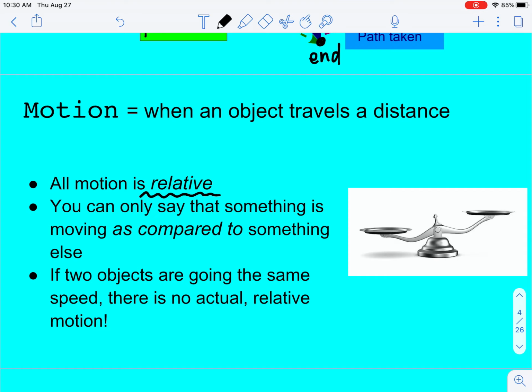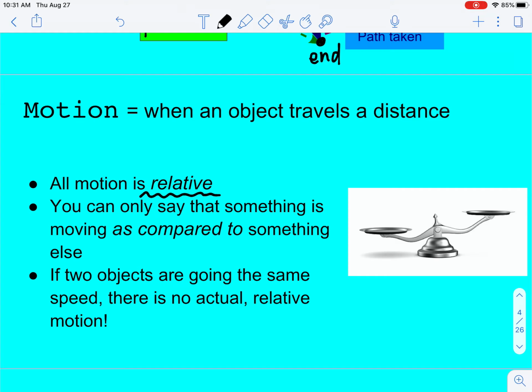If two objects are going the same speed, there is no actual relative motion. This gets into a really fun branch of physics called relativity. And Einstein did a lot of crazy, weird thinking in his mind talking about relativity and a lot of thought experiments thinking about the universe.